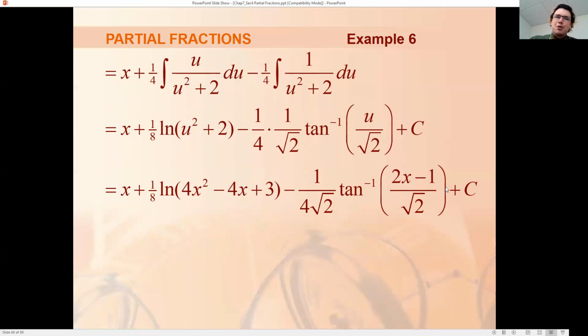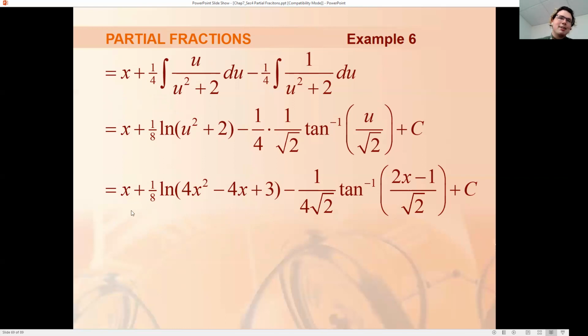The final step is to turn all of the u coordinates back into x coordinates. So my x to u conversion says that each of my u's is twice an x minus 1. I have to square that out.